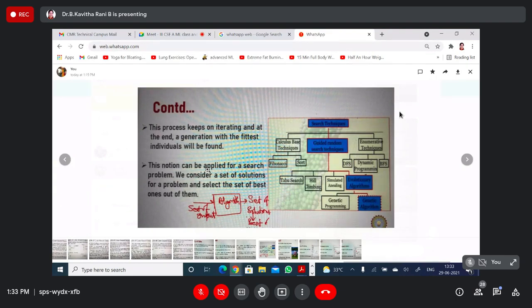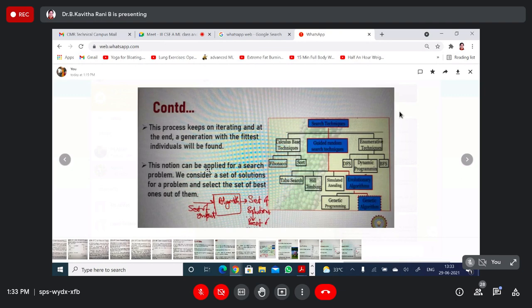It checks for the fittest solution, and until we get the best solution, it will be iterated again and again.